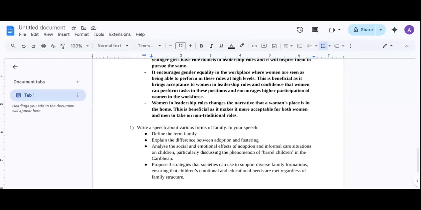And the last part, evaluate the long-term implications of recognizing and supporting diverse family formations on societal cohesion and child welfare in the Caribbean.